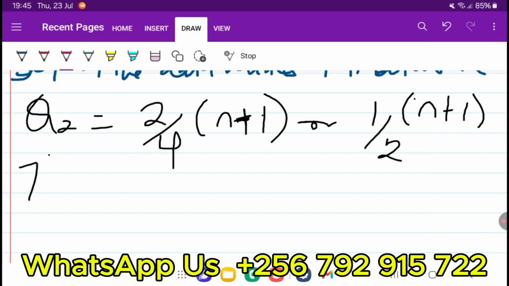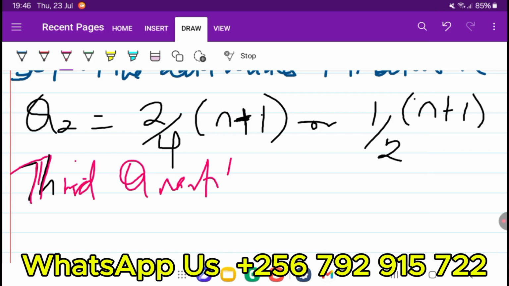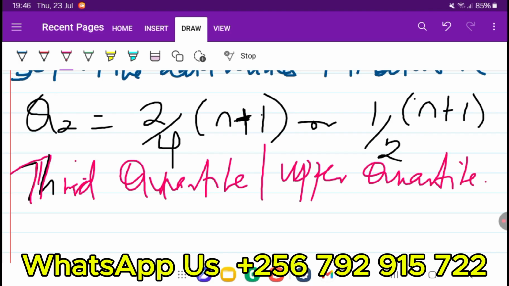What I'm more interested in is the third quartile. You can call it the third quartile or the upper quartile. That is the Q3.